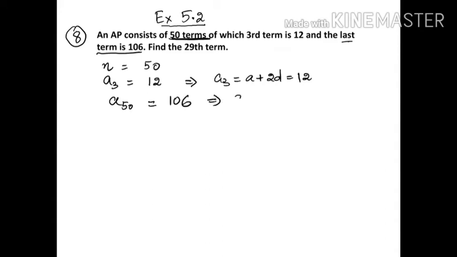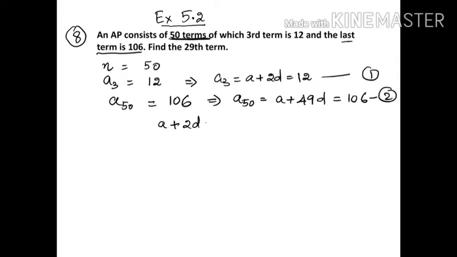So this implies a50 is equal to a + 49d equal to 106. Now we have simultaneous equations in two variables, which we will solve using elimination method. So a + 2d = 12, a + 49d = 106.